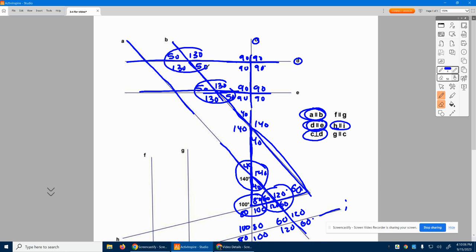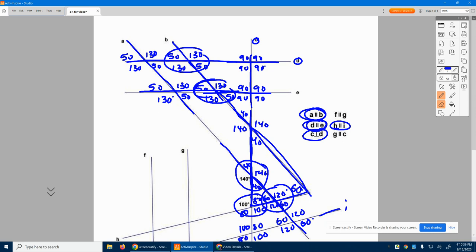So that transversal slides over to here. So these slide right into that spot. And then we can slide these over here or slide these down. Either way, it's going to be the same. 130, 50, 130. Okay, so we have all those angles filled in up there.